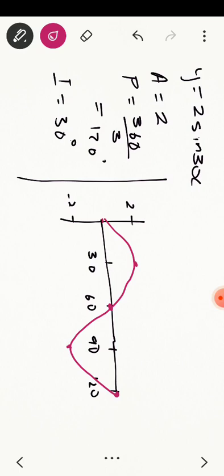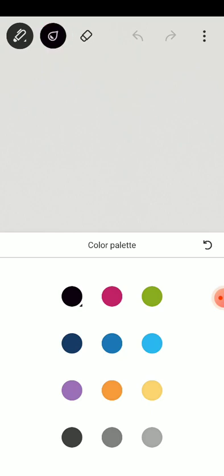So should it happen that we are now asked to sketch the graph of y is equal to negative sine x. Remember that I said for amplitude, you're taking the absolute value, meaning the amplitude must always be positive.